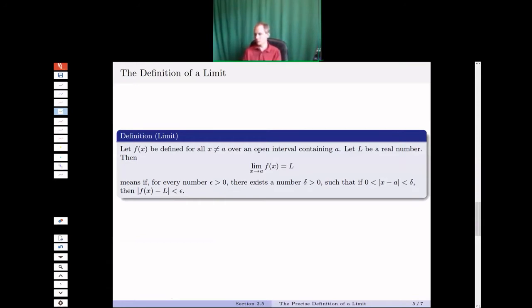Okay. And what I'm going to do is go through this a couple different ways to try and make sense of it. But we're just going to look at this definition and then try to pick it apart.